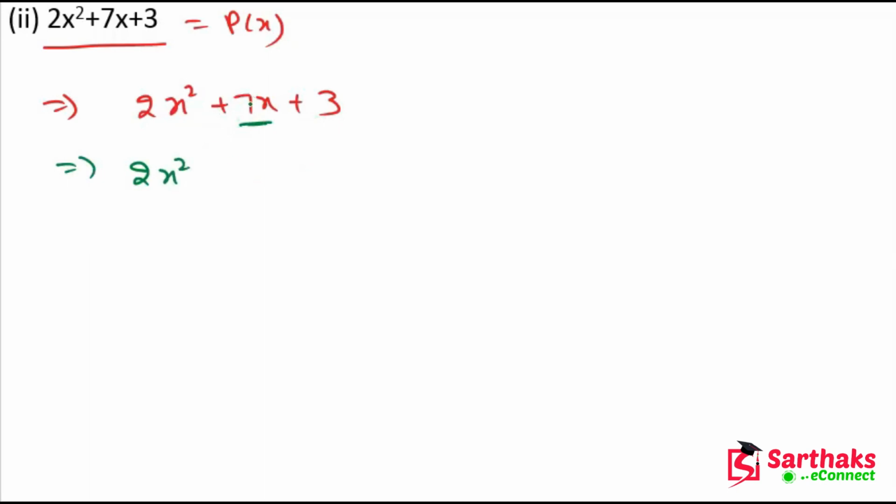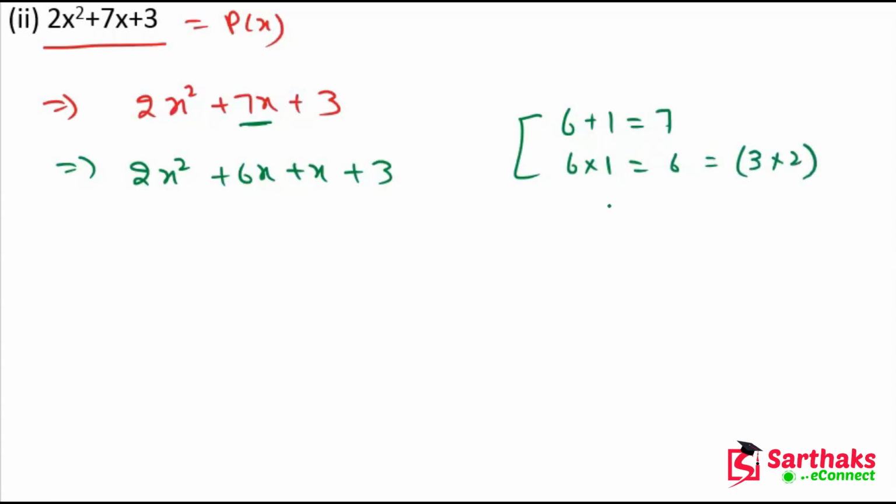We can split it as plus 6x plus x plus 3, because if we add 6 plus 1 we get 7, and if we multiply 6 into 1 we get 6, which is equal to 3 into 2, because the constant term is 3 and the coefficient of x square is 2. If we multiply 2 into 3 we get 6, and 6 into 1 gives the same 6. So we can say that our splitting is correct.